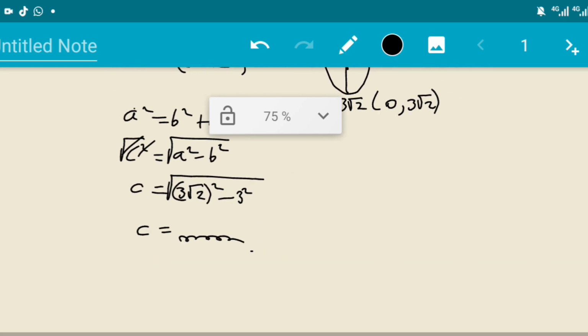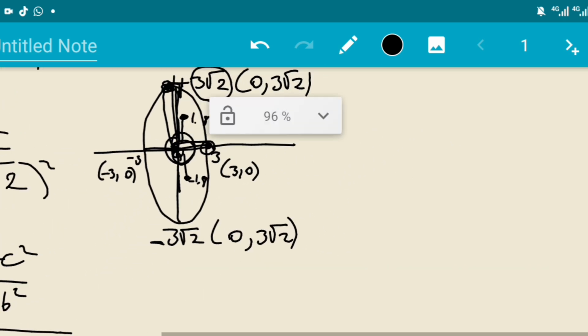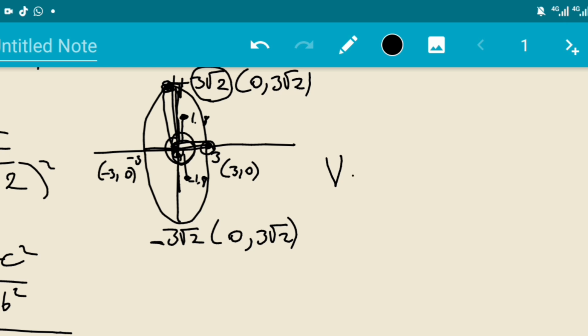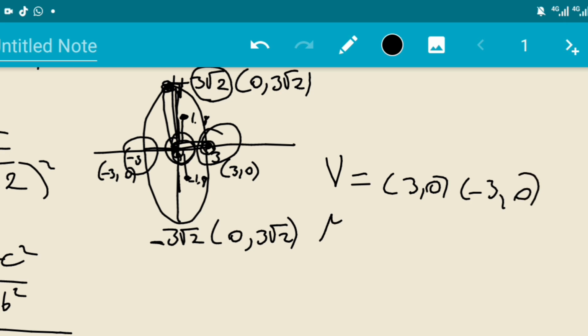So by that we can conclude we found our vertices, which is this and this. That's for the minor vertices, which is positive 3, 0 and negative 3, 0. Then for the major vertices, we found them to be 3 times root of 2. It is x, y.